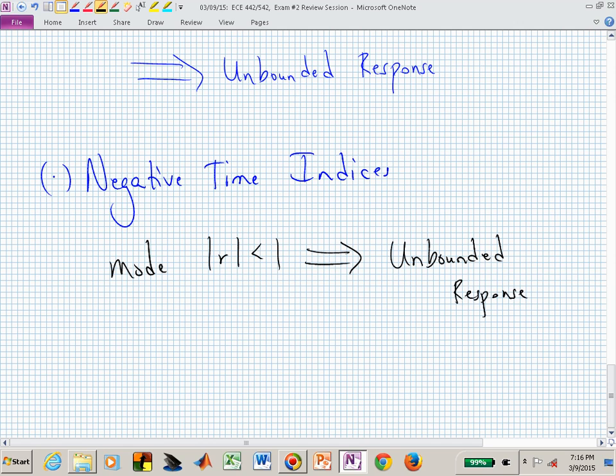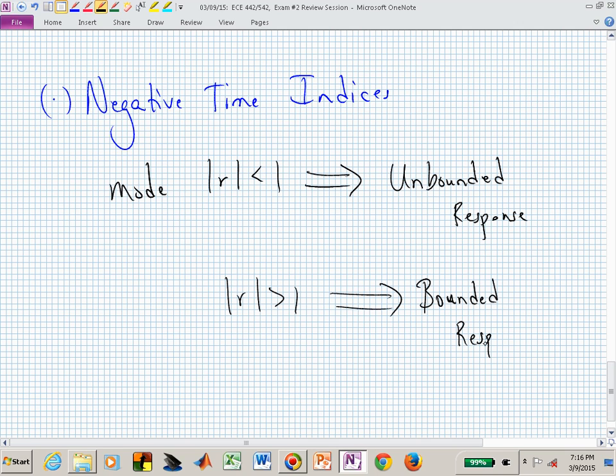Okay? And likewise, if we have something that's bigger than 1, now let's say we have the modulus with all of them outside 1. The region of convergence is interior to all of these since we have a negative time index. The region of convergence actually contains the unit circle, and we now have a bounded response.